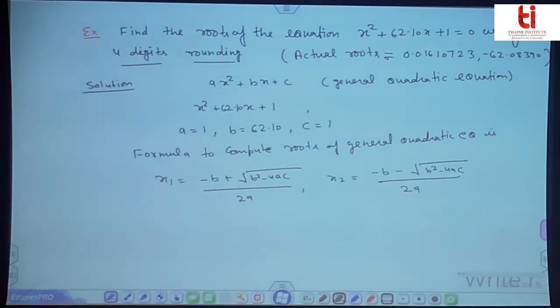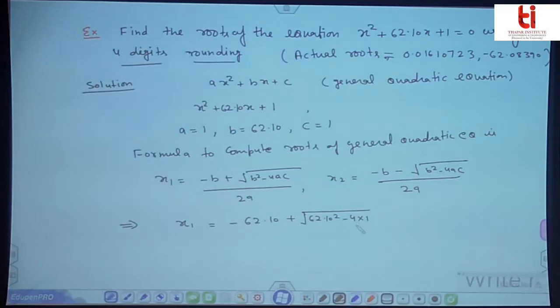Now just put the values of a, b, c into this formula and compute the values of x1 and x2. Now x1 will be minus 62.10 plus square root of 62.10 square minus 4. A is 1.